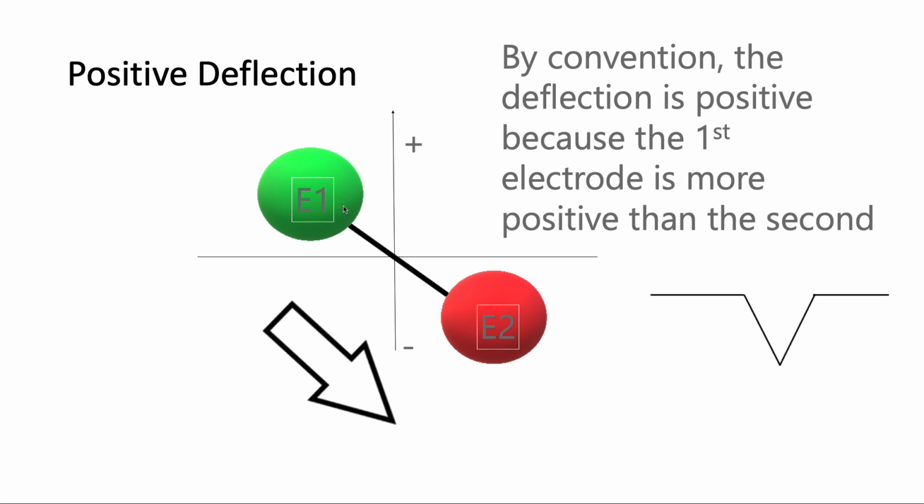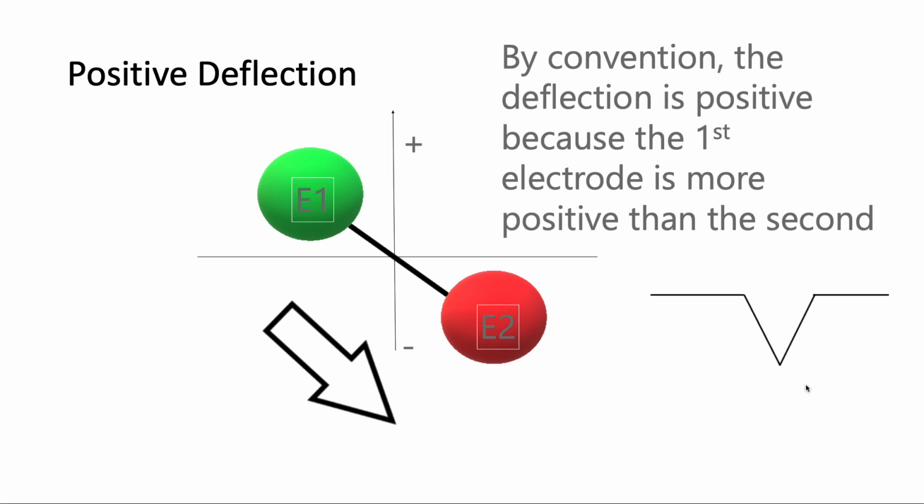And how I think of it is this: if electrode 1 is more relatively positive than E2, then this is a positive deflection, named after the first electrode being more positive than the second, but the direction goes down, as if this was a pulley weight system on a Cartesian coordinate system that would be pointing down, because E1 would be positive and E2 would be negative, and that would cause it to point down, and that's exactly how it would deflect. This conceptually helped me remember it much easier, and once I put this together mentally, I never forgot this convention.